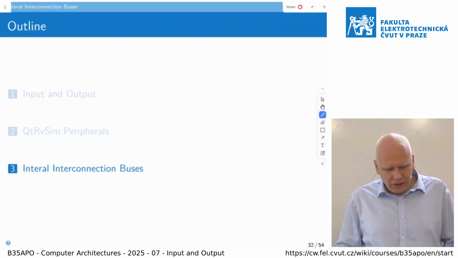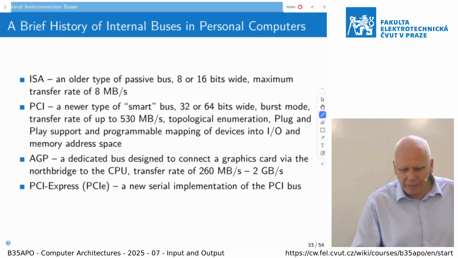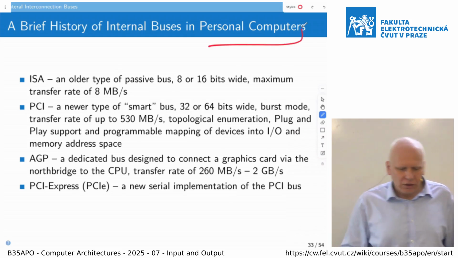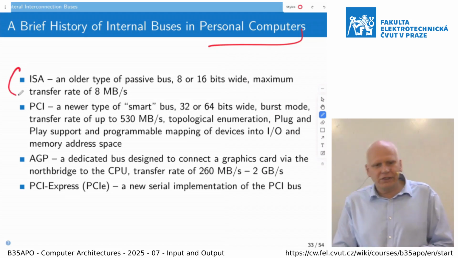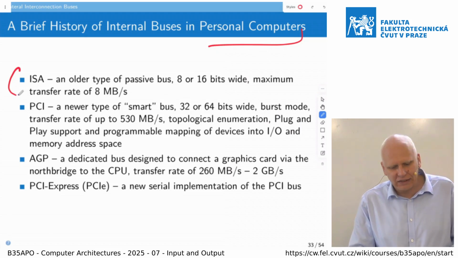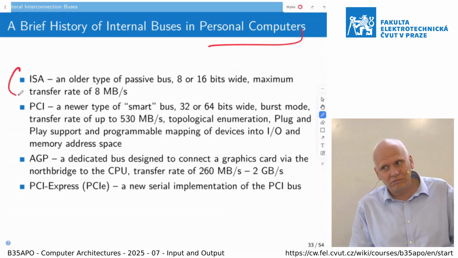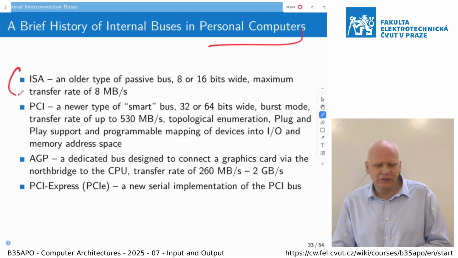Now we look at the interconnect buses which are used in personal computers, so in the PCs which you use. The original design from IBM used the so-called Industry Standard Architecture, the ISA bus, which has never been standardized, I think.